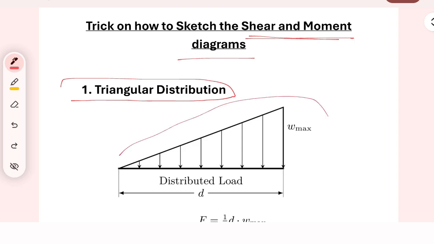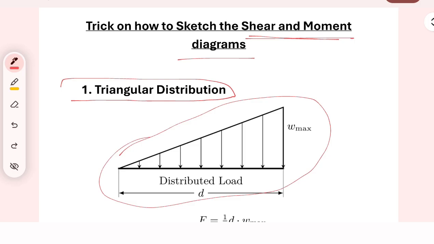So we have here a triangular loading, and we need to replace it by a single force. We need to compute the magnitude of that force, and we need to put it somewhere along the beam.